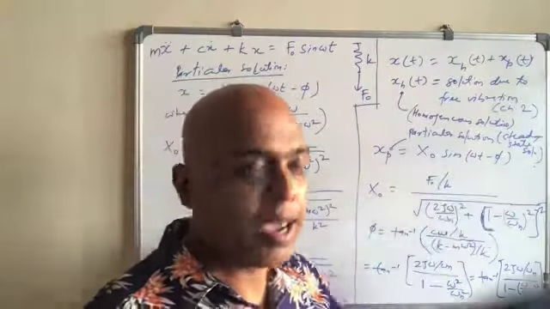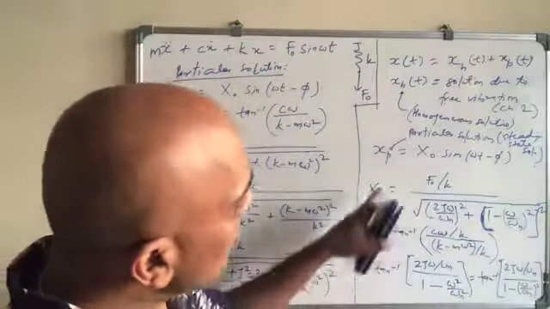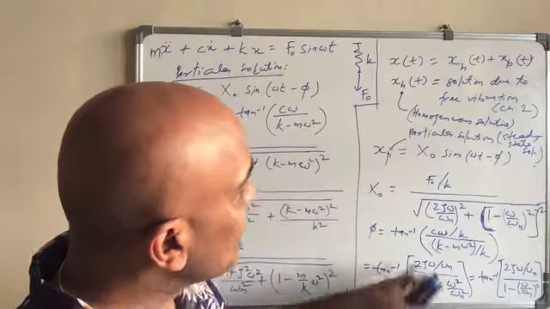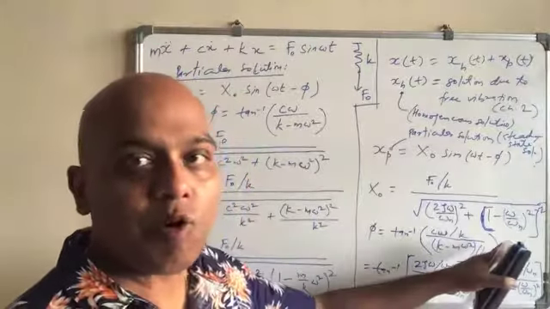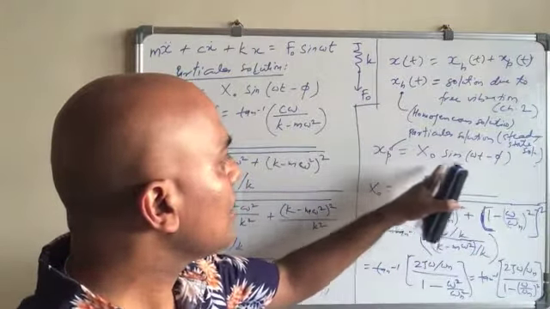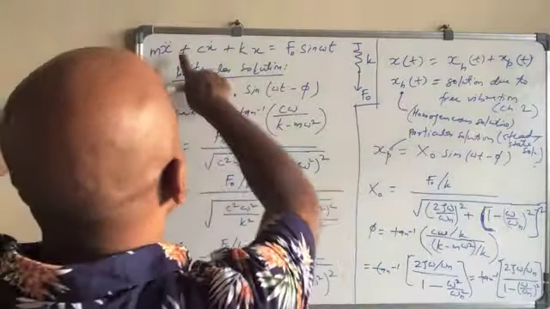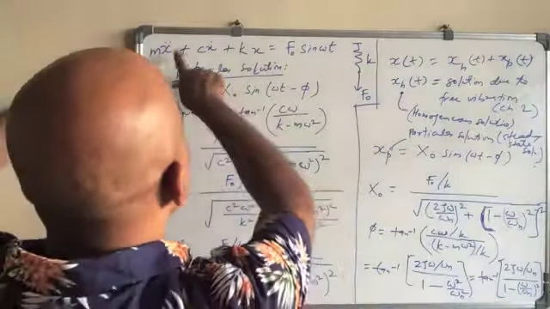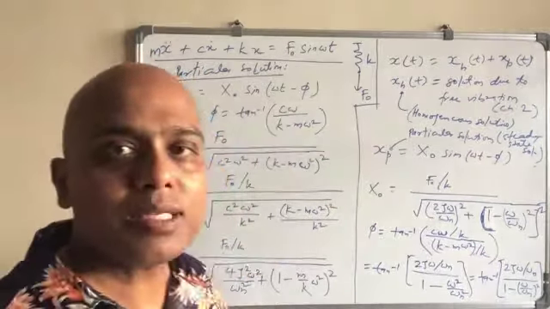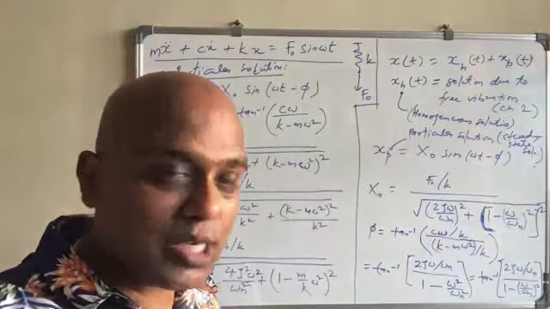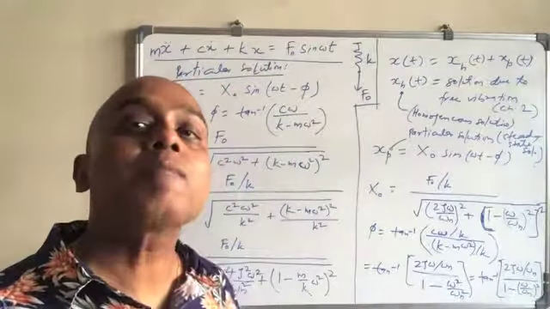Now we are going to find out how this is going to behave based on the value of omega, right? The equation is this one, and different omega will have different types of response. This is also known as harmonic response.